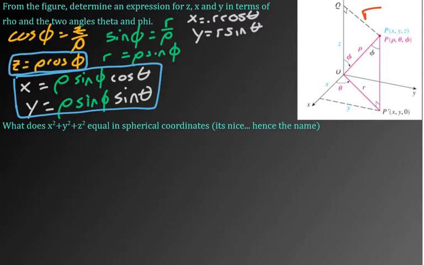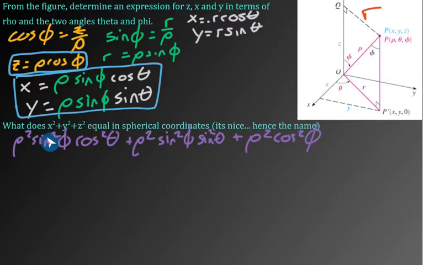So x is rho sine phi cos theta, y is rho sine phi sine theta, and z is rho cos phi. I'm just going to plug all those in, squared. So this is my x, my y, my z.